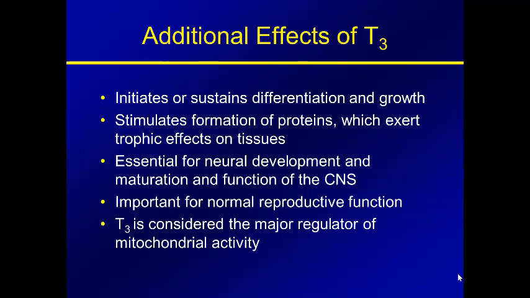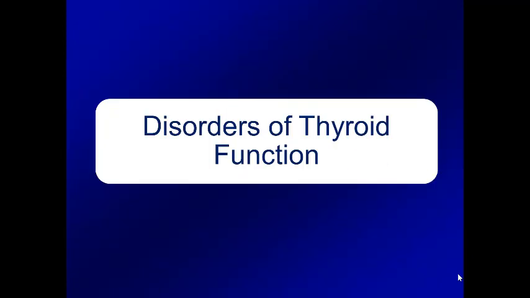It is important for normal reproduction. And T3 is considered the major regulator of mitochondrial activity. So here is the background of thyroid hormone: the anatomical site, the histological pattern of the follicle, the relation between T3 and T4, and after that the biological function of T3.